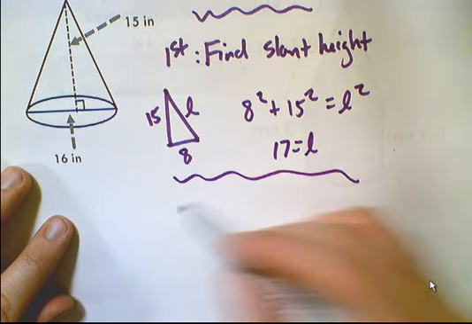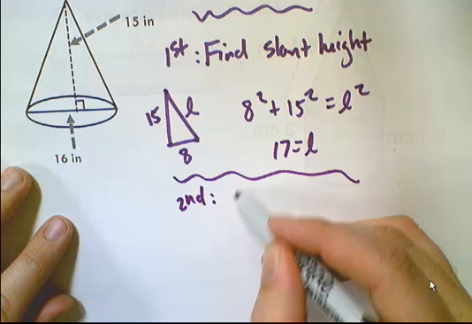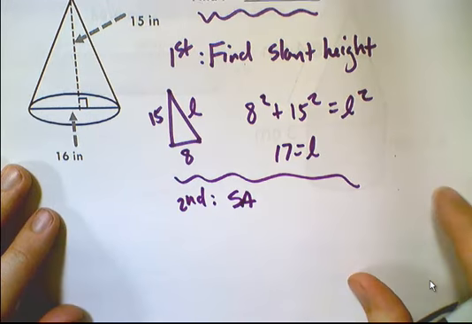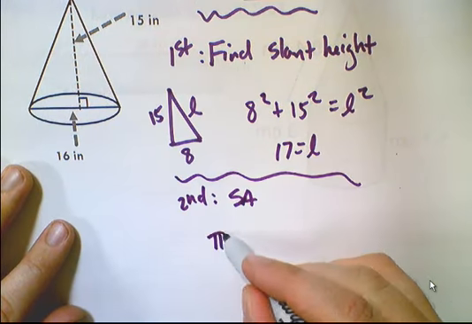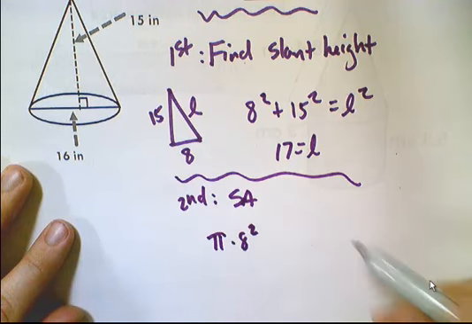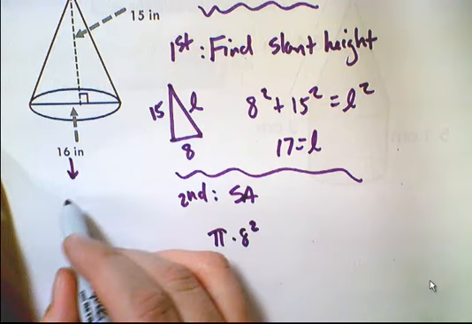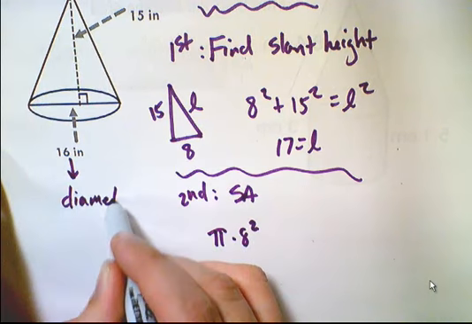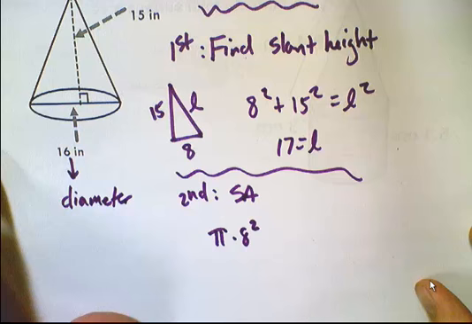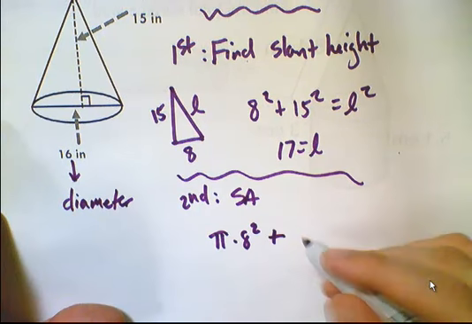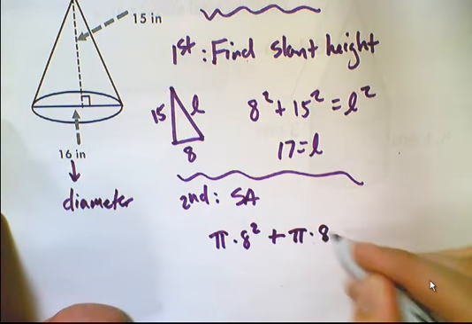Alright, so now second thing we can do is surface area. Okay, so pi times 8 squared. Remember, this right here is the diameter. So pi times 8 squared plus pi times 8 times 17.